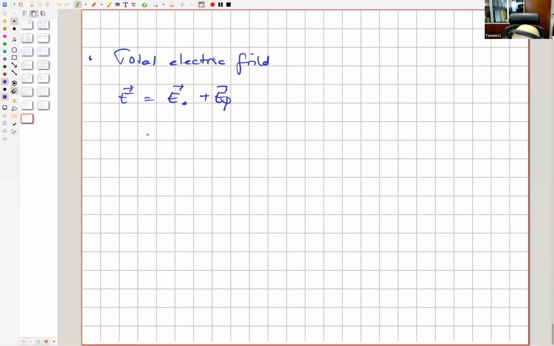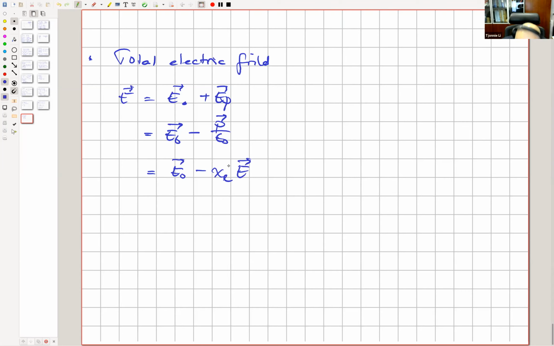Okay. In this case, I have to do the sign correctly, which is on the opposite side. So here I get E naught minus P over epsilon naught, right?